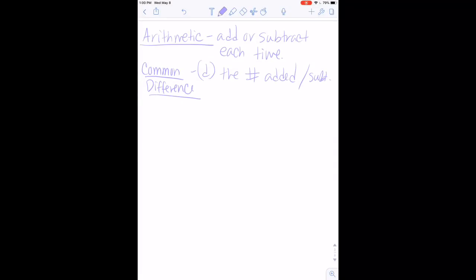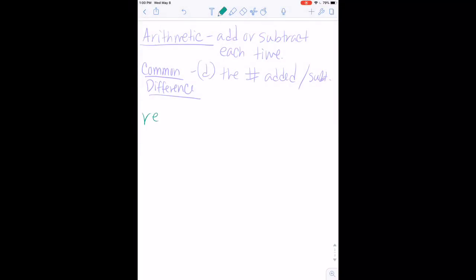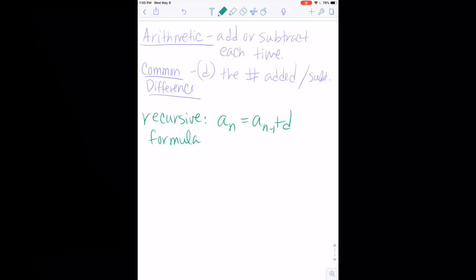Next is our formulas. The first kind of formula that we're going to use is the recursive formula, which isn't super useful to find terms later on in a sequence, but it's really nice just to get from term to term. So it's a sub n equals a sub n minus 1 plus d.